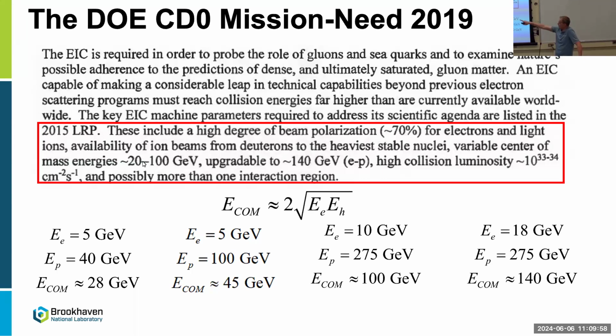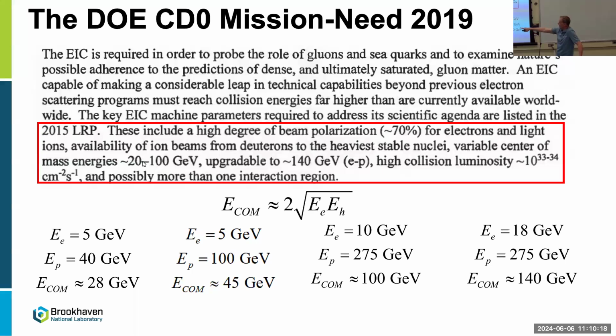Then they tell me you have to be able to switch from protons to the heaviest nuclei, fully stripped. So make sure that I don't store ions with electrons. There have to be fully stripped ions.